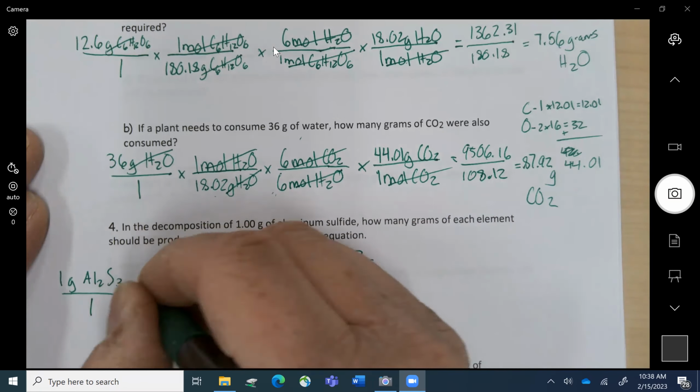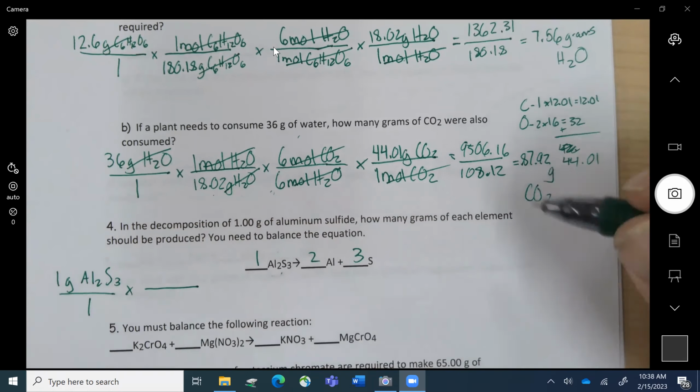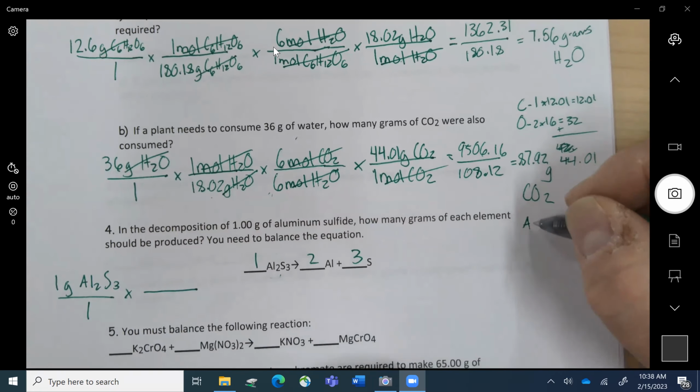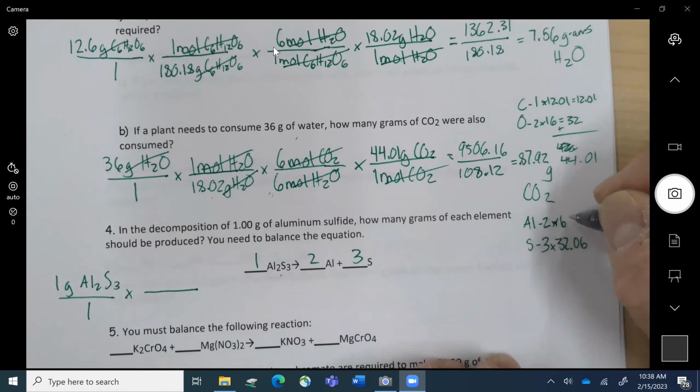Well, this is where I now need the molar mass of that thing. So Al, there's 2, and then S, there's 3, 32.06, and this was aluminum, 26.98. All right.